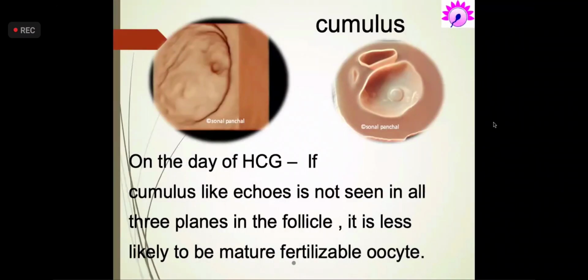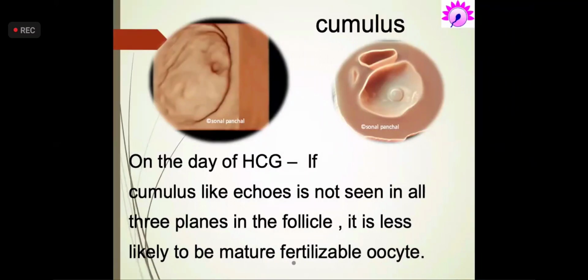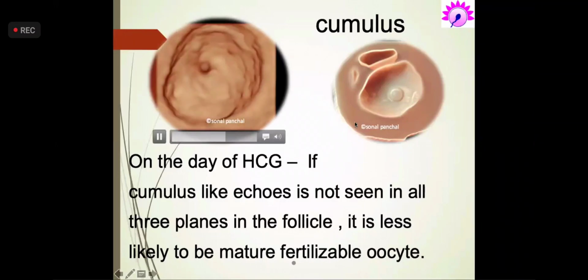The cumulus that I showed you in the previous image is a very tiny solid structure and can often be missed on a 2D ultrasound if the proper optimization of the image is not done or the probe is not scrolled across. 3D, though, is an easier modality to show the cumulus, because at a time it shows the entire lumen and all the walls, and the cumulus can be well appreciated on 3D.